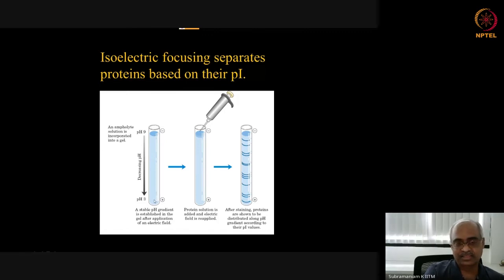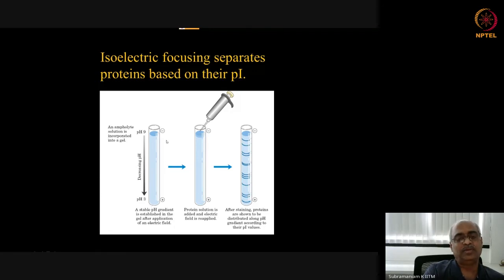Here the polyacrylamide is mixed with a group of molecules called ampholytes. These have different kinds of charged moieties on them, such that when they are distributed, they generate a pH gradient. For example, in this particular cartoon, we have a gradient of pH 9 to pH 3.